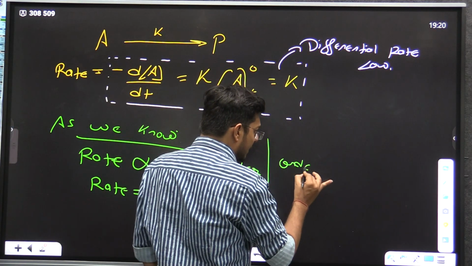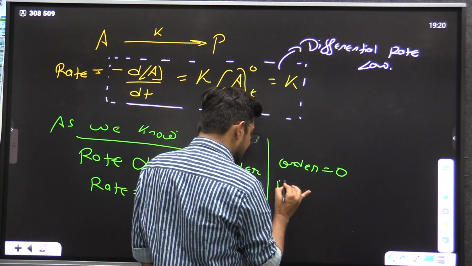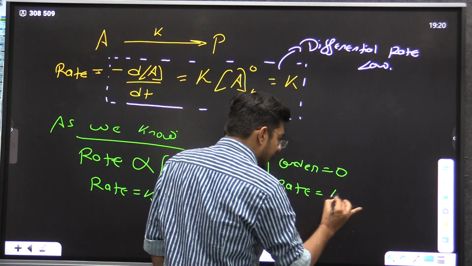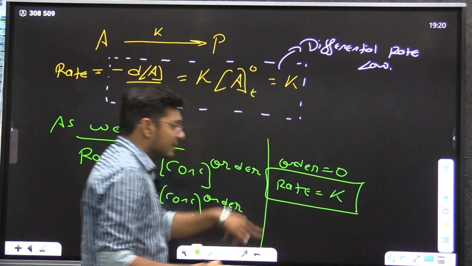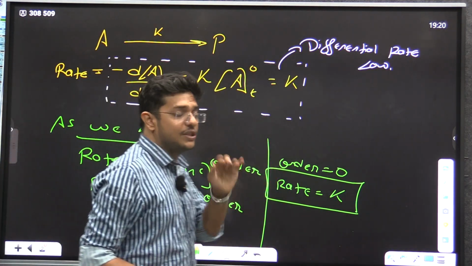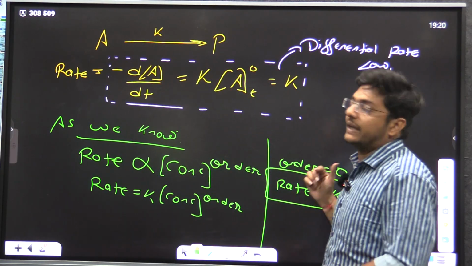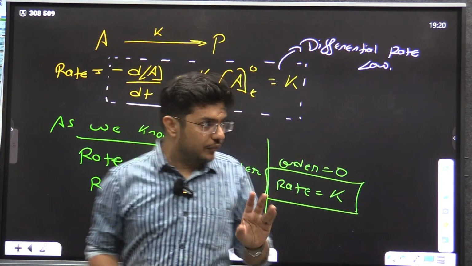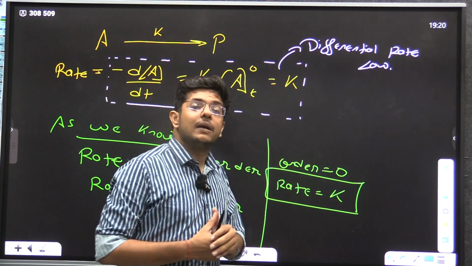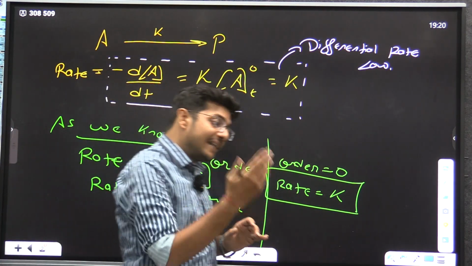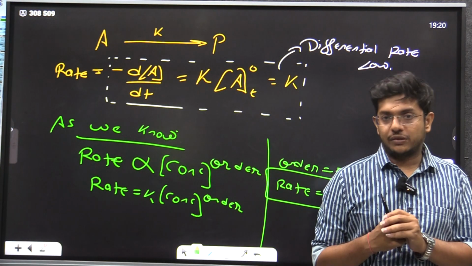So if we put the order to be 0, then the rate is nothing but K. This is the definition of zero order kinetics: the rate of reaction is independent of the concentration of the reactants involved.